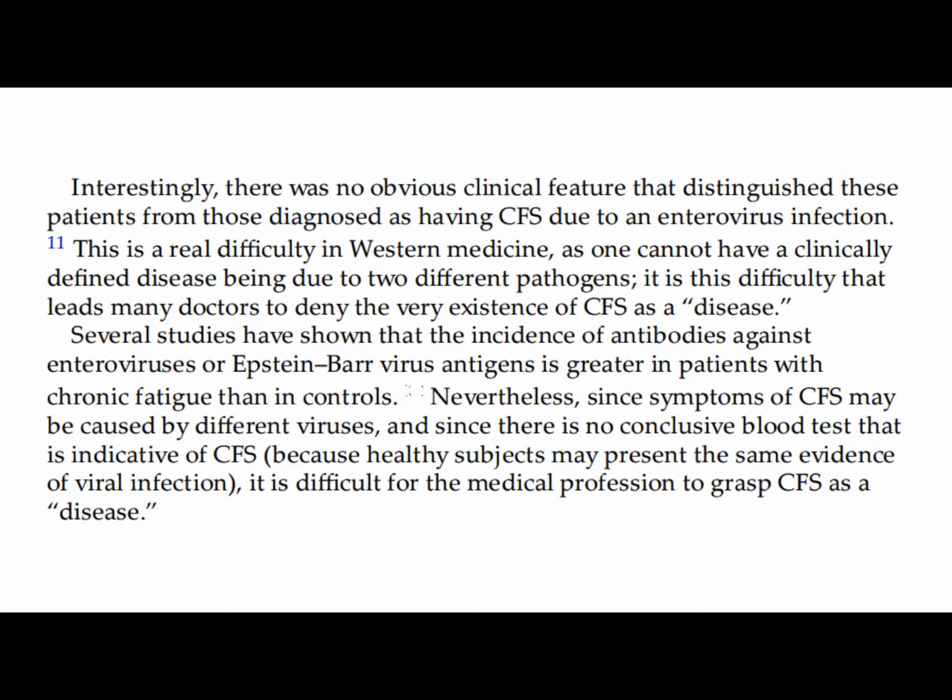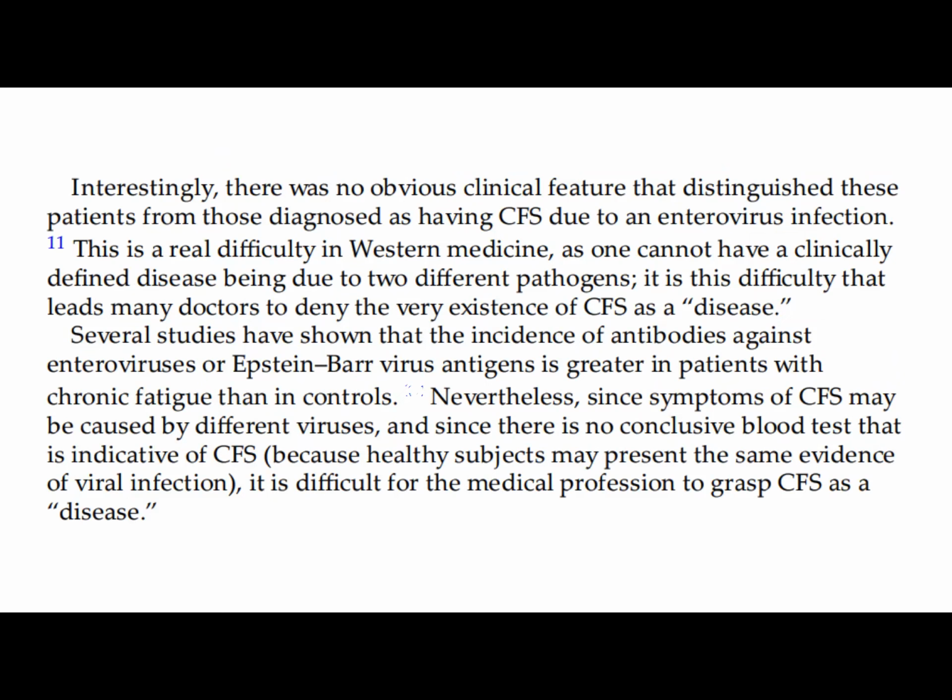Interestingly, there was no obvious clinical feature that distinguished these patients from those diagnosed as having CFS due to an enterovirus infection. This is a real difficulty in Western medicine, as one cannot have a clinically defined disease being due to two different pathogens. It is this difficulty that leads many doctors to deny the very existence of CFS as a disease.